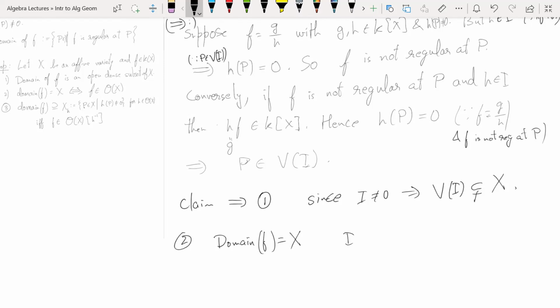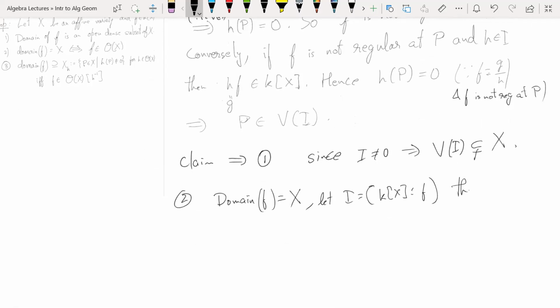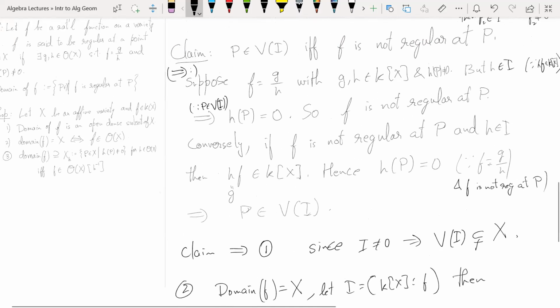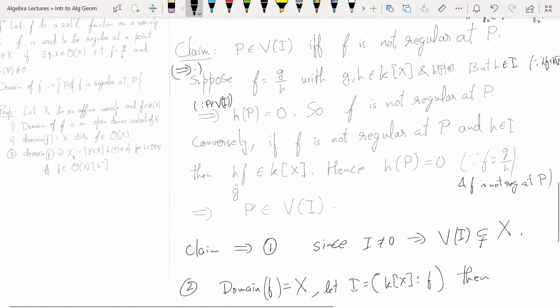Let I be this colon ideal, K[X] colon F. What we know is that V of I is the indeterminacy locus, the locus where F is not defined.